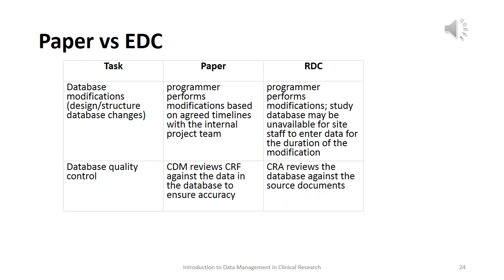So for database modifications, such as design or structural changes, for a paper study, the programmer can perform those modifications, based on communication with the internal project team. For an EDC study, essentially the same thing happens.